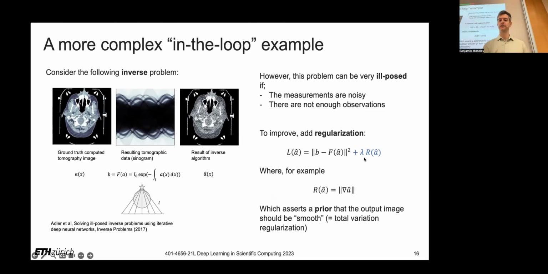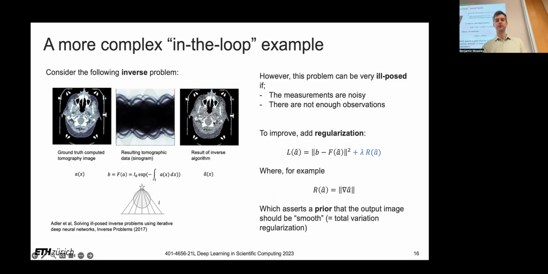One idea for regularizing this loss function is to say we want the solution, the output image here, to be smooth, so the spatial gradients are small. This is just a prior that we think is a good idea if we want human-like objects that we're passing the X-rays through.